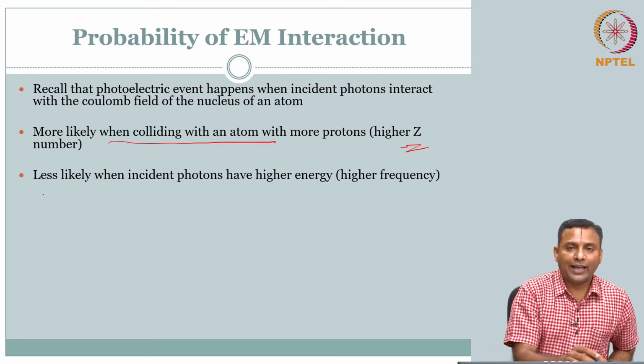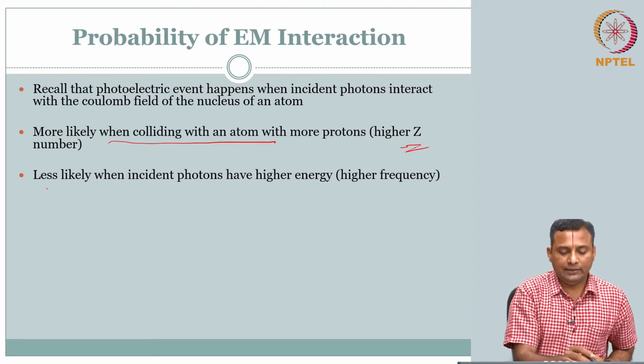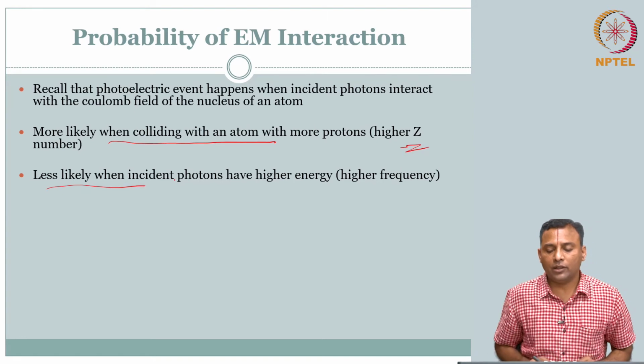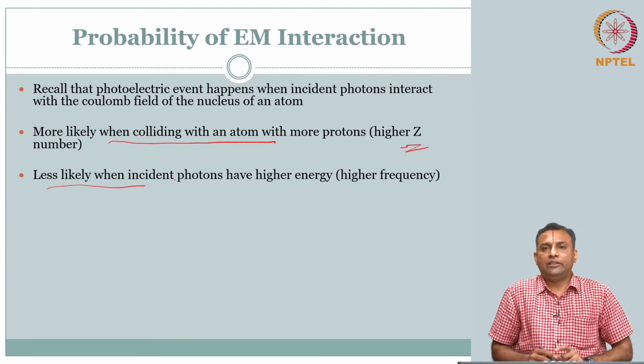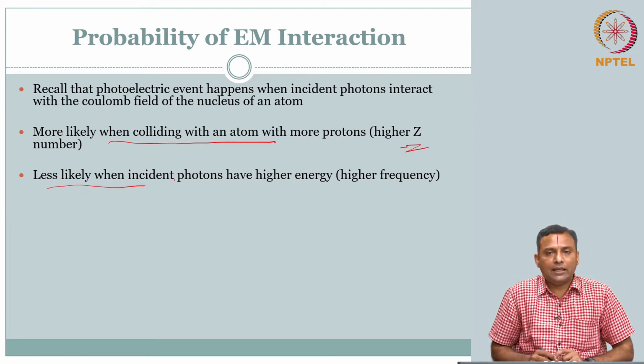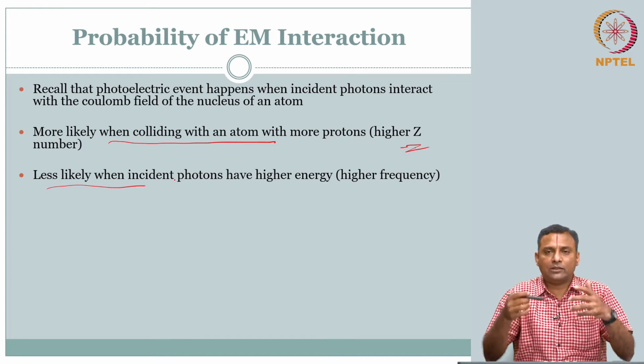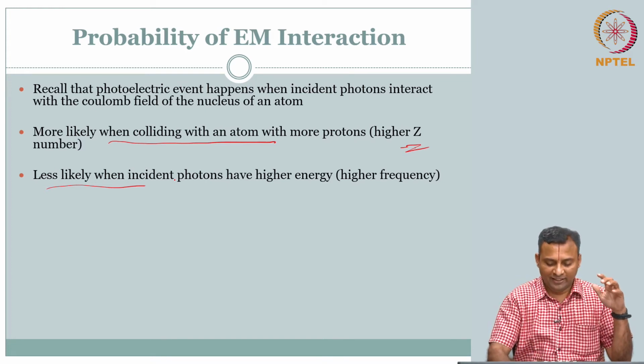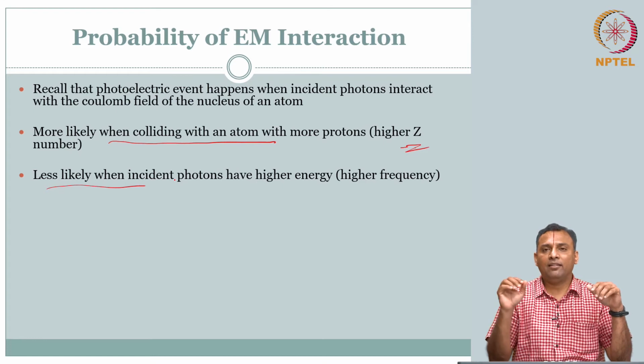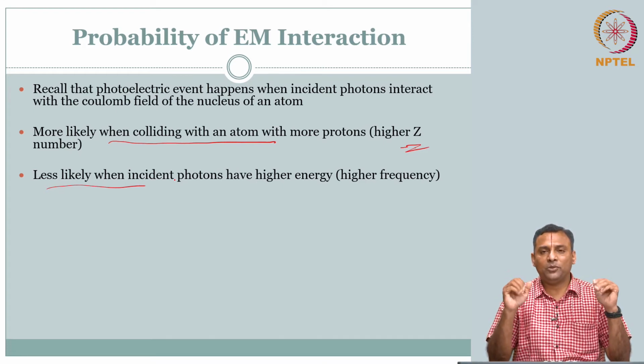So what we can also guess is that it is less likely when the incident photon has higher energy. Why is it very guessable? Let us go back to our example. Like I said, it's a laymanish example, but maybe the message will be sent.